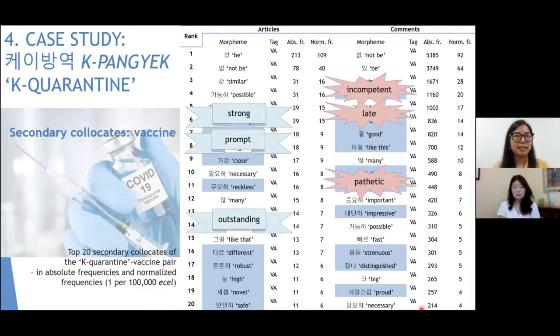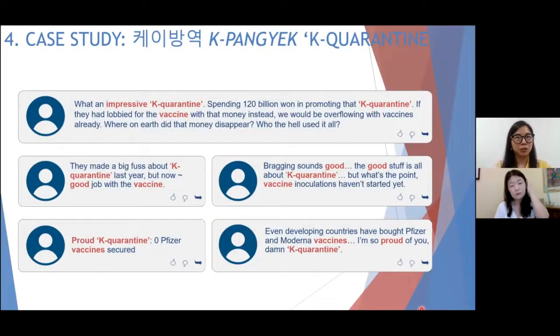In the collocate lists for users' comments, we can also see that there are a number of positive adjectives such as good, impressive, and proud. But if we look closer at the concordances, we realize that they are quite often used in sarcasm to mock the K-quarantine or criticize the government's policies.